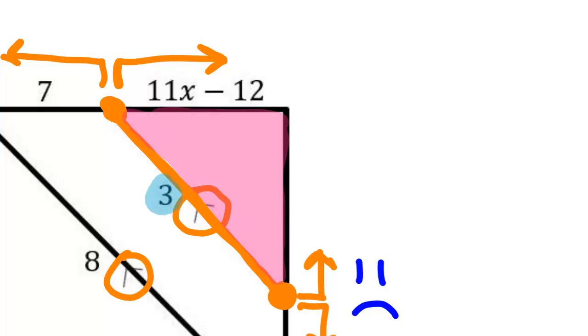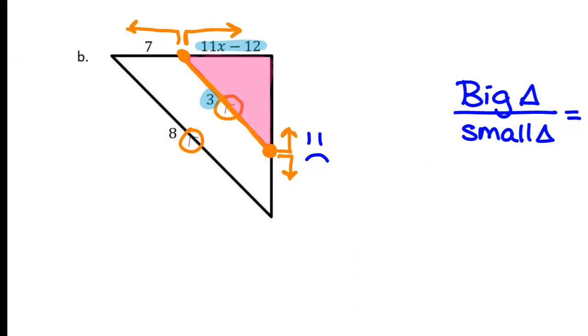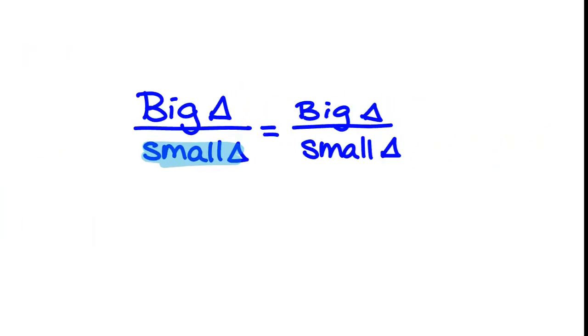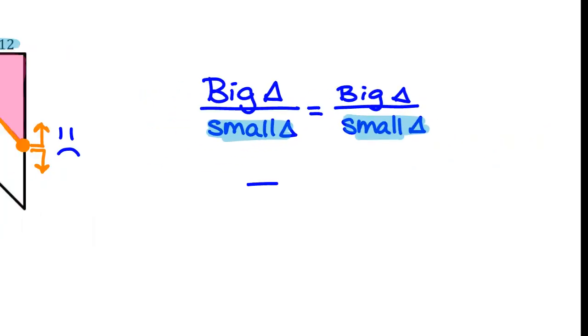One of them will be a 3, because that's coming from my small triangle. What else comes from the small triangle? 11x minus 12. So those are my 2 denominators. Those are my small triangle pieces. So one denominator is going to be a 3. The other denominator is 11x minus 12.